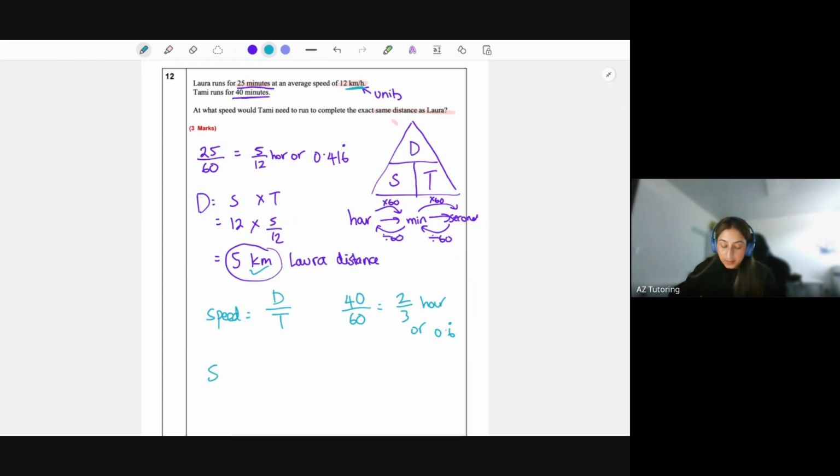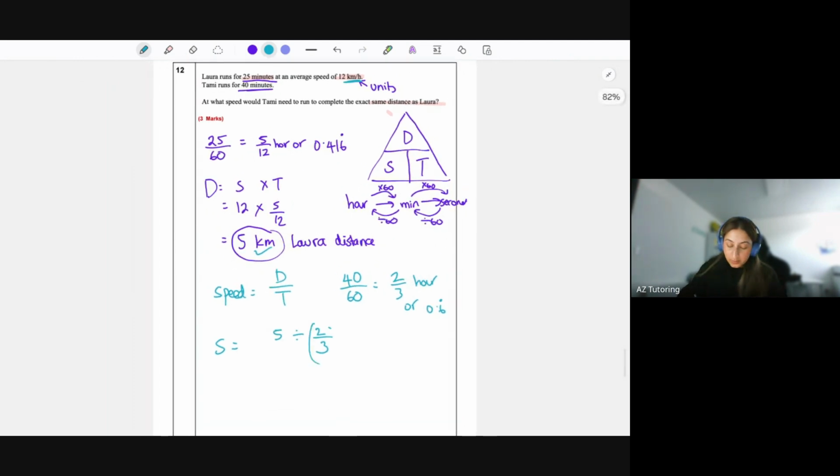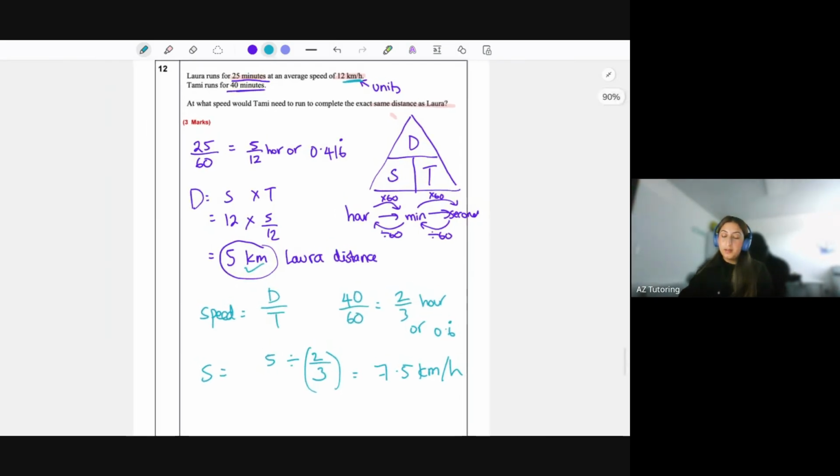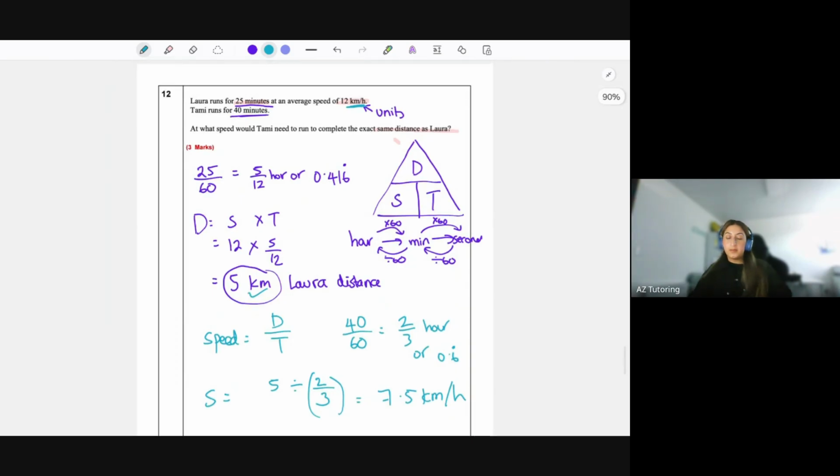So therefore my speed is going to be the distance, which is 5, divided by the time, which is 2/3. 5 divided by 2/3 gives me 7.5 kilometers per hour. So that's the speed you need to run at to complete the exact same distance as Laura.